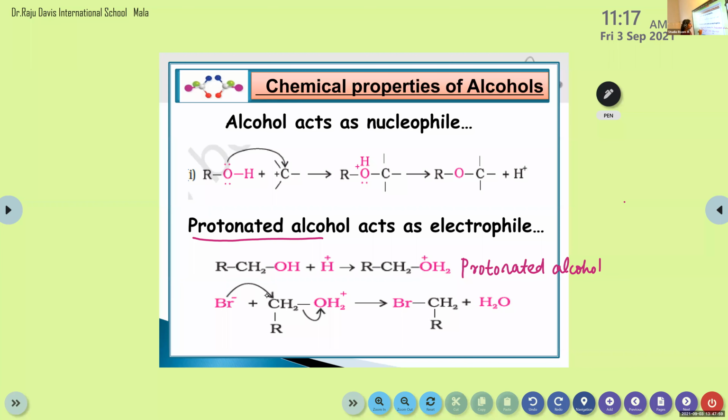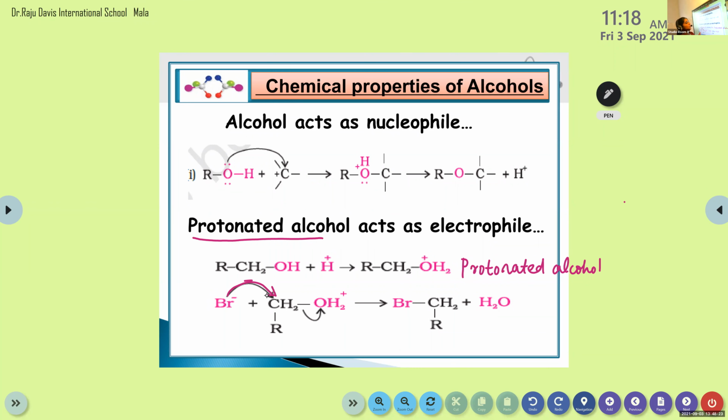So when one more bond is attached to carbon, you can count here already 2 hydrogen atoms, then 1 R group, then Br minus, 4 groups. Then OH2, again it will be 5 bonds. So it is an unstable compound.